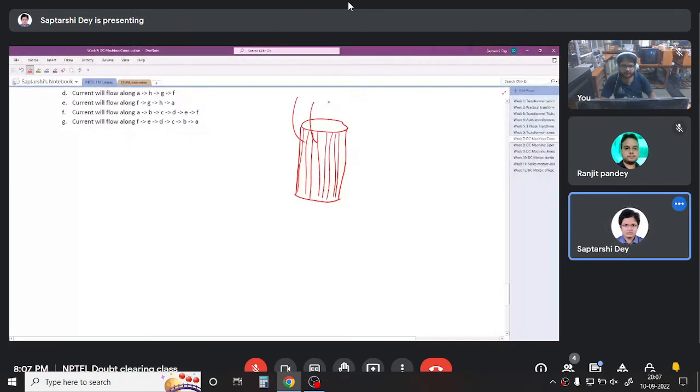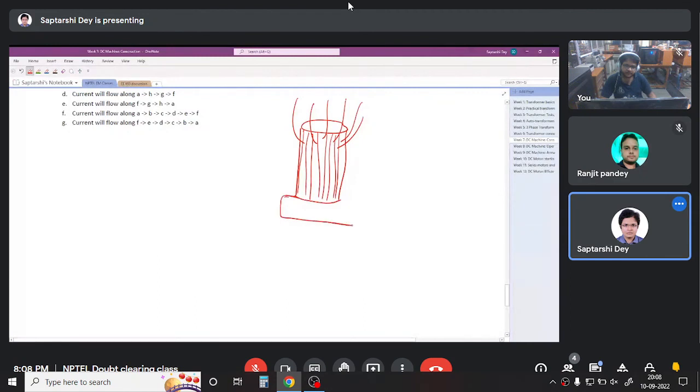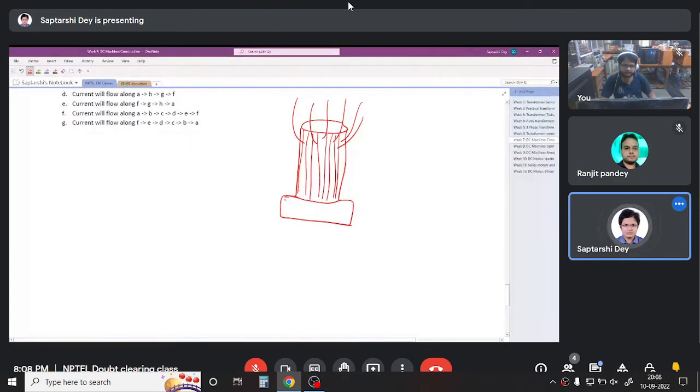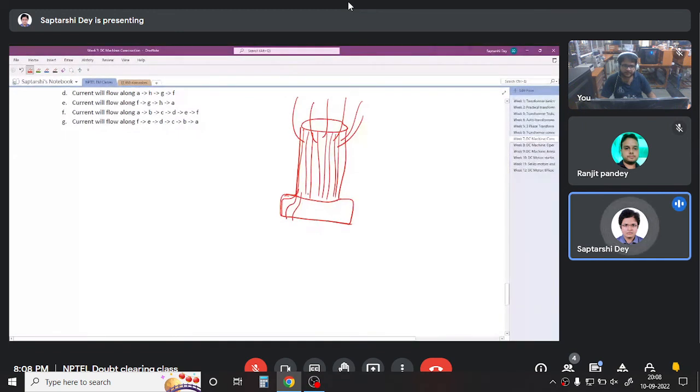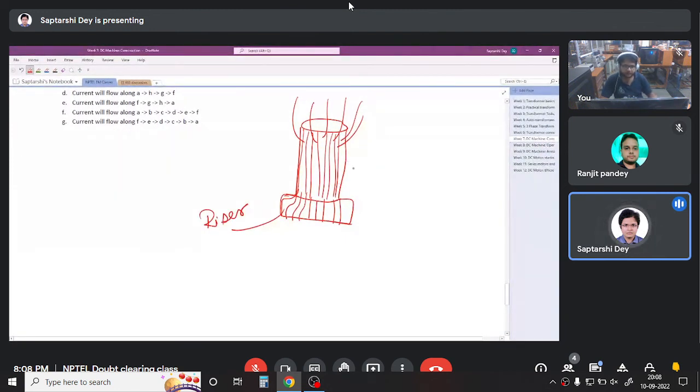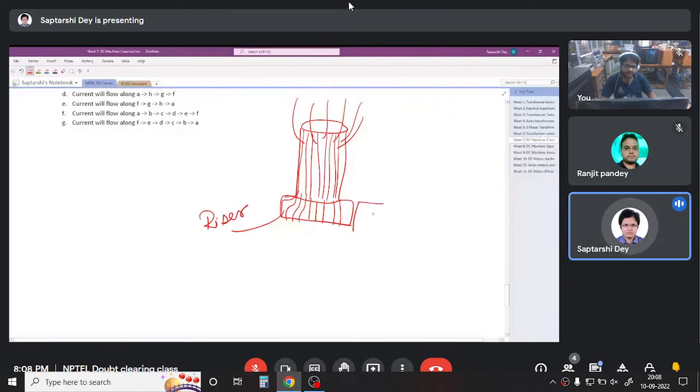Windings come and they get soldered or connected here. And at the end of the commutator, another, a bit larger cylinder is connected, and the commutator segments are continued. This is called the riser. The whole thing is the commutator, and the brushes are placed here.